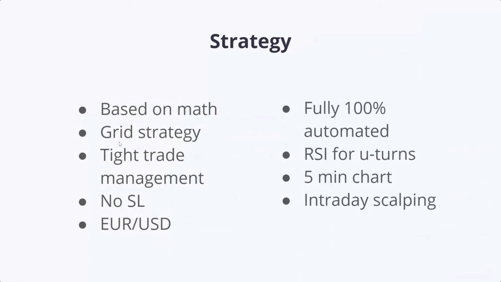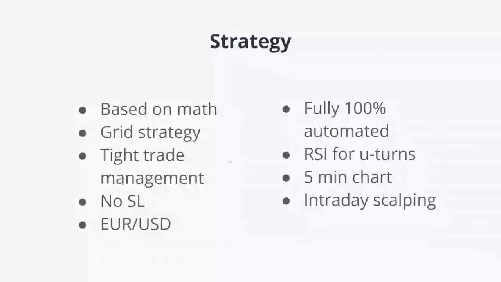So yeah, it is based on math, a lot of trades. It's a good strategy, with very tight trade management in the sense that there are a lot of small wins, a lot of trades. There's no stop loss used, be aware of that. It's only traded on the euro-dollar and 5-minute chart.